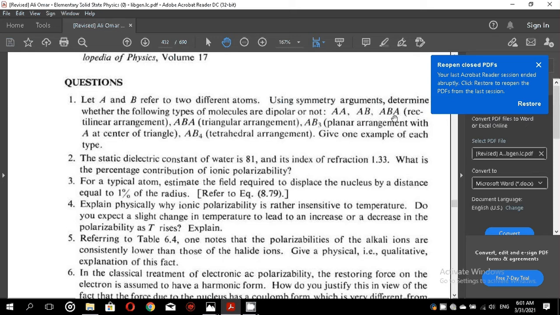So this molecule will behave as a non-polar molecule.